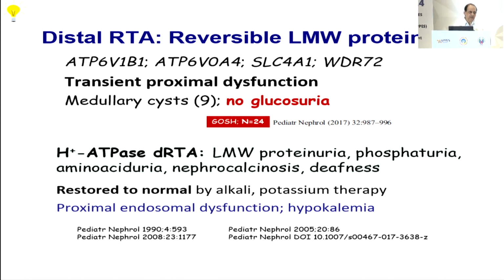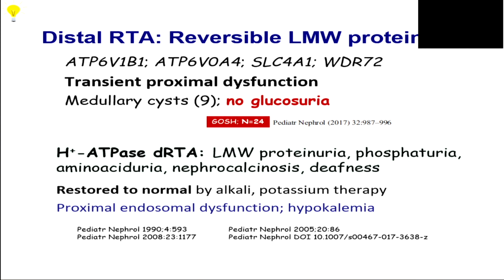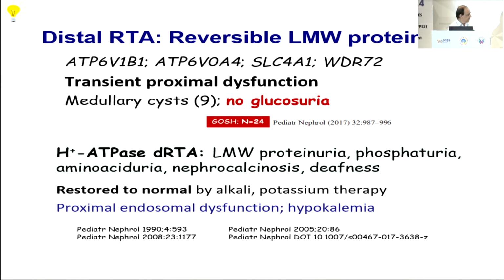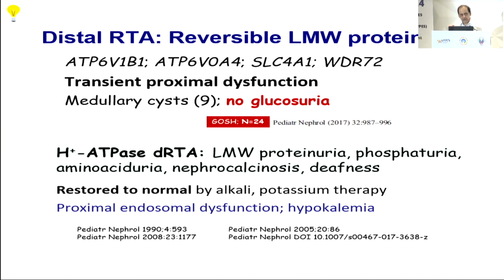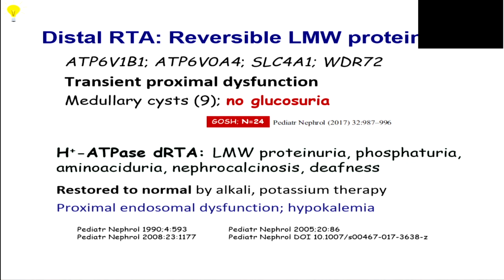So patients with distal RTA may show low molecular weight proteinuria. They may at times show hyperphosphaturia. Glucosuria for some reason is uncommon, but I've recently seen a patient who also had glucosuria. So acidic milieu does lead to proximal dysfunction, and as the acidic milieu gets better when you treat these patients, they become better, and finally the proximal dysfunction goes away.